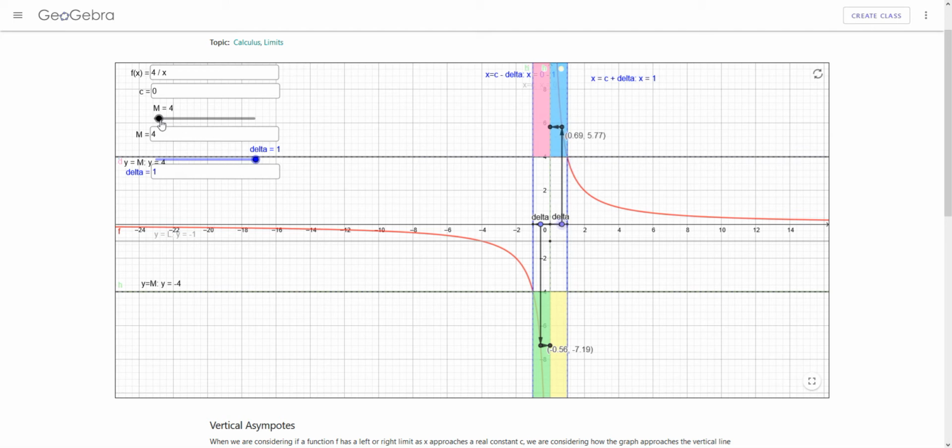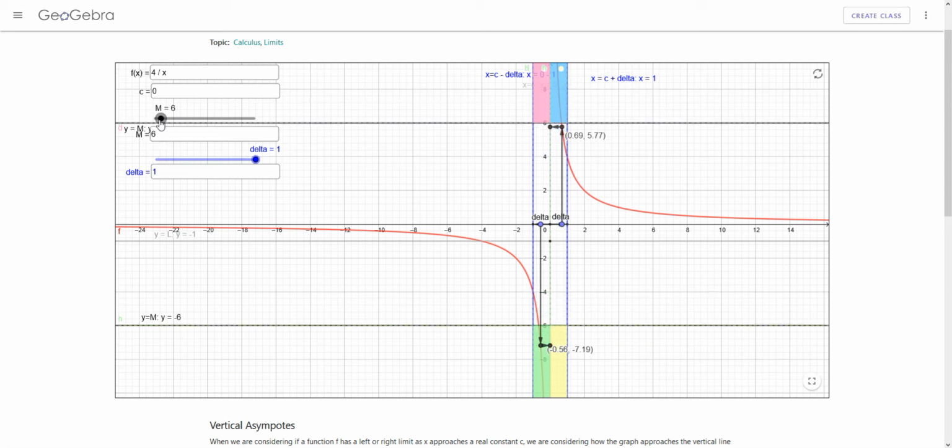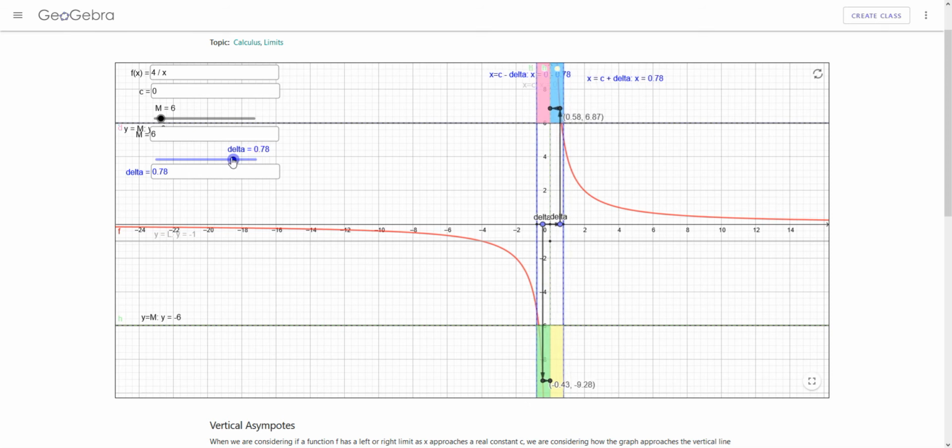Whereas if we had, let's say, a little higher m, that delta would not be small enough, because there are some x's in there where the graph is too low. See, it's not high enough. What we're saying is the graph gets higher and higher and higher. And so the idea is however high we put it, we just pick a smaller delta, and now all of the x's in here produce y's that are above that line.